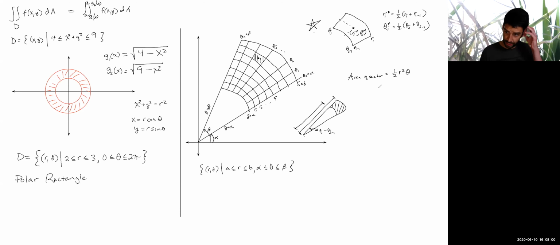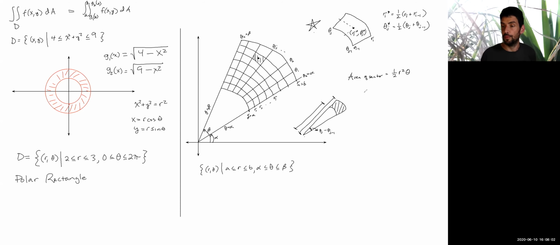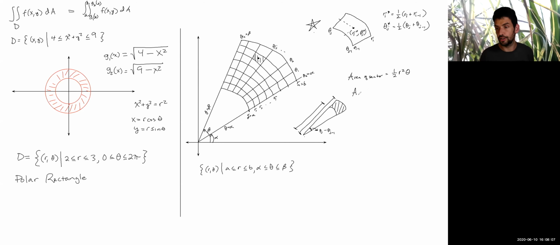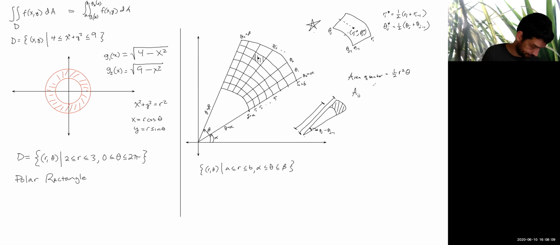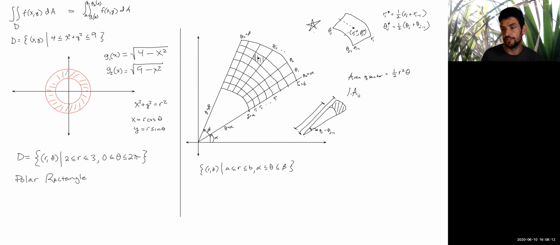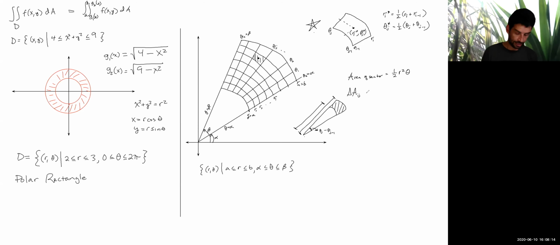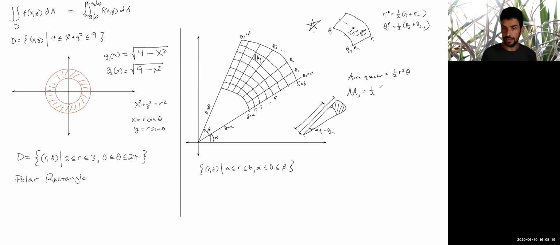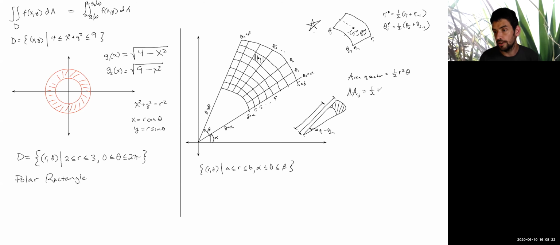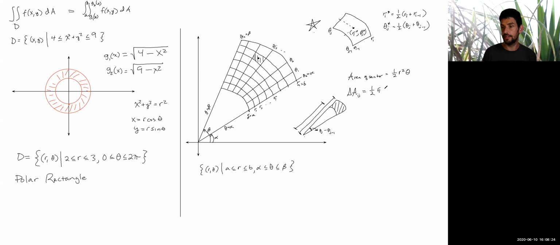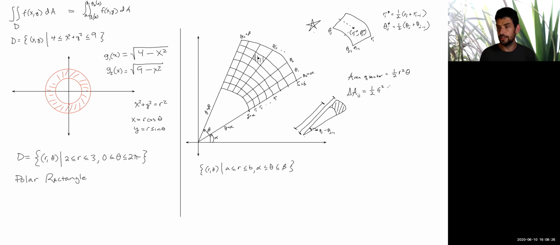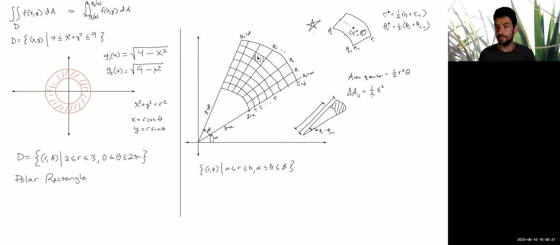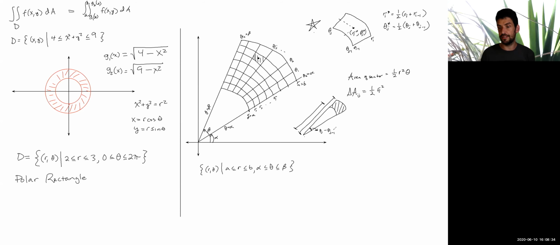So let's write this out. We're going to have the area, what do I want to call it? Let's call it delta A_ij, is going to be 1/2 r_i squared, and then we multiply that by theta_j minus theta_{j-1}.